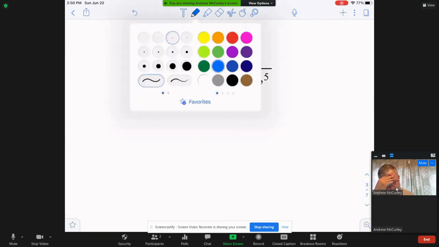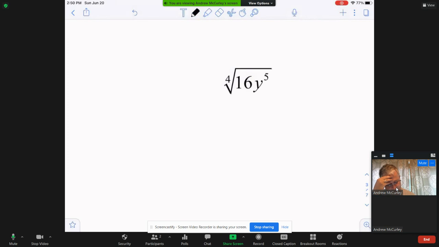This one I like. 2 times the 4th root of 16 y to the 5/4. So think about it this way.